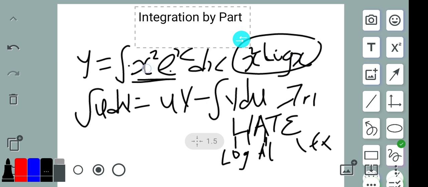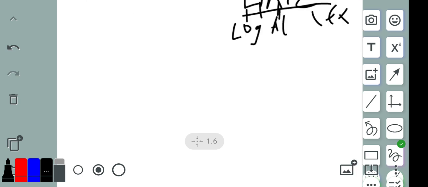But in this problem, our u here is x square, and our dv here is exponential x. So this is the rule we use to solve problems on integration by parts, to detect which one is your u and which one is your dv. So quickly, let's solve this problem. We have y equals the integral of what?